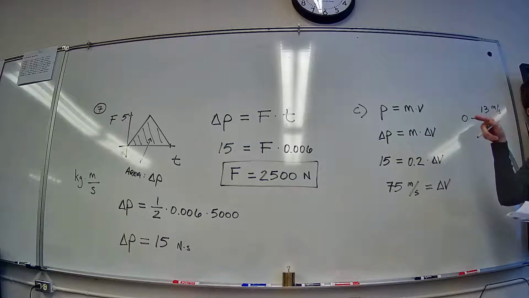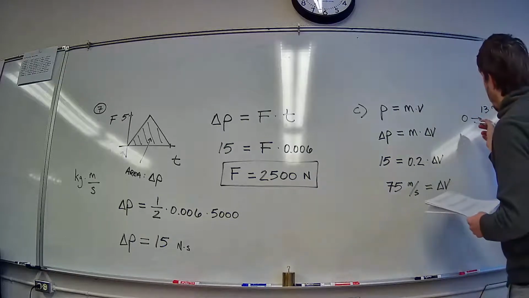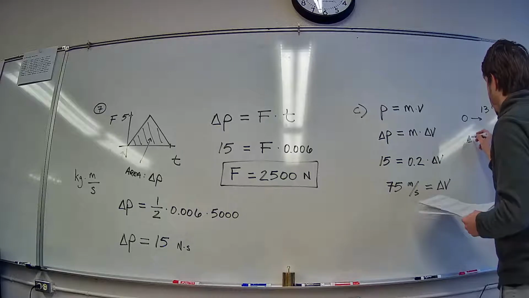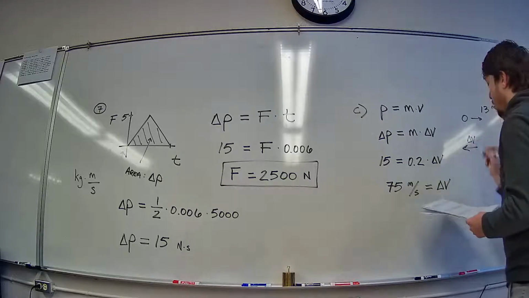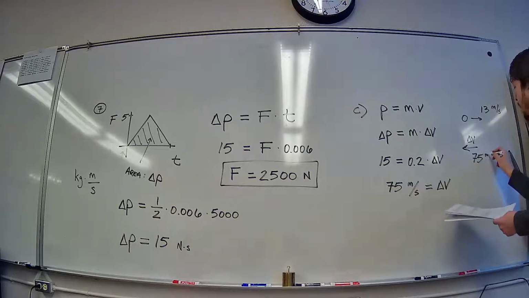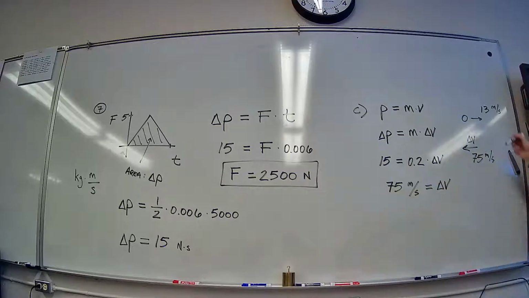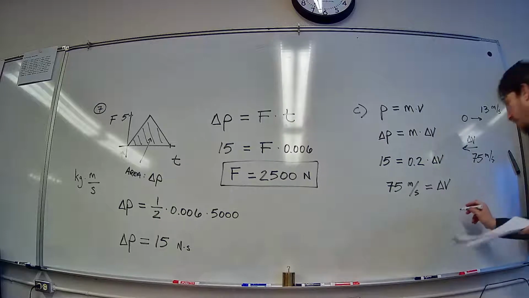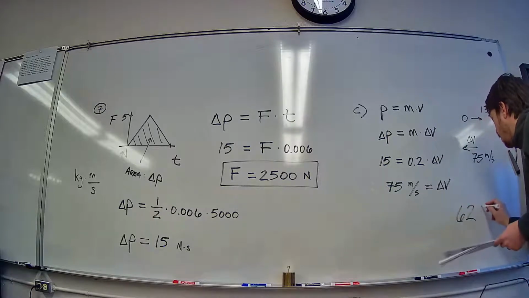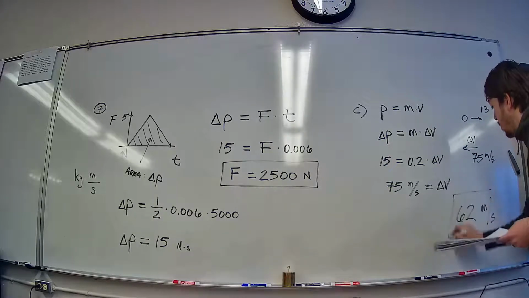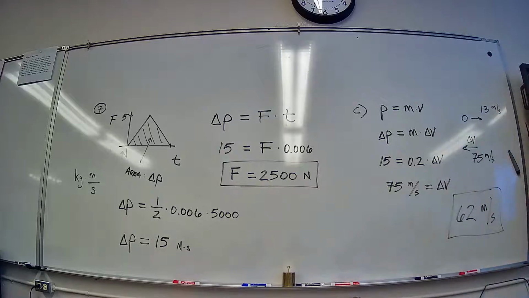Does that make sense? So the change in velocity is in this direction with a magnitude of 75. The net effect is basically 13 minus 75. So the answer to this question is 62. Are we okay with that?